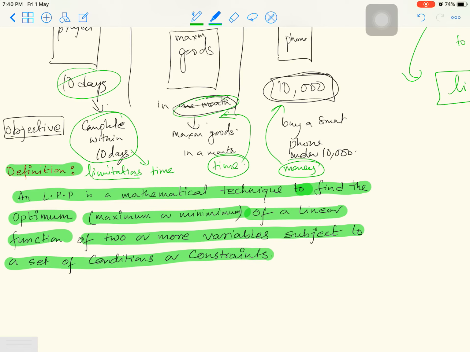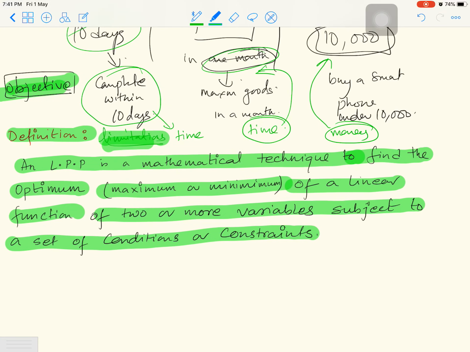In order to obtain the objective that I talked about earlier, there are always limitations that you have to face. So under certain conditions, the objective to be achieved is what is called a linear programming problem. It is a mathematical technique. Got it? Okay.